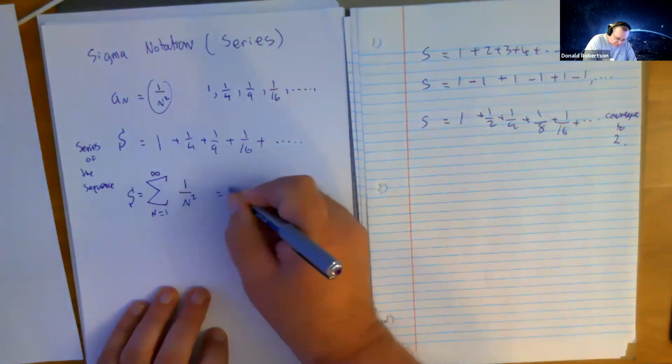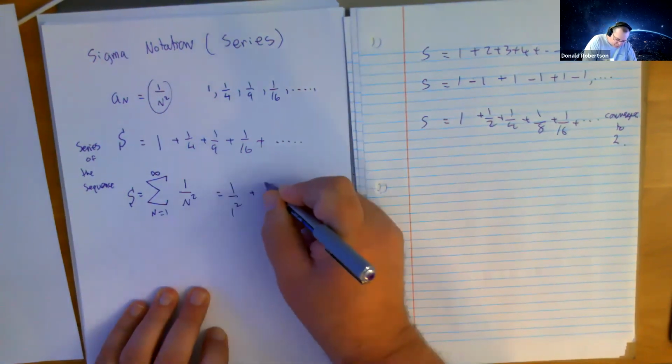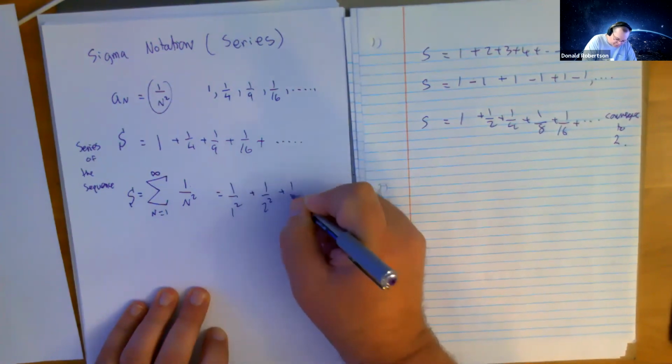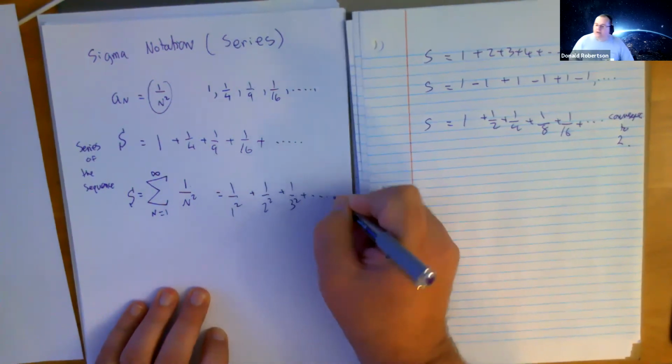So you can imagine that would be 1 over 1 squared, 1 over 2 squared, 1 over 3 squared, to infinity. And sigma notation is the go-to technique for writing down in a very concise format what a series is.